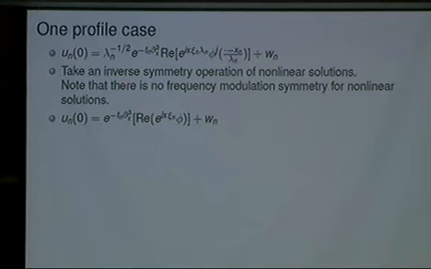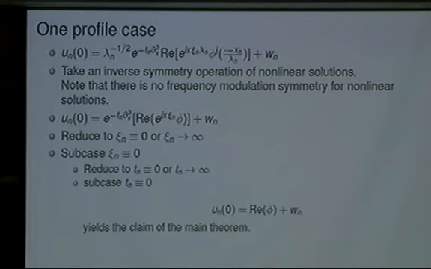By using the symmetry operations of the nonlinear solution, we can recover the symmetry of the scaling and the spatial translation. After the inverse symmetry operation, we can change our sequence of initial data into this form. In that case, t_n, the parameter of the time translation, and the frequency modulation could go to infinity or be bounded.